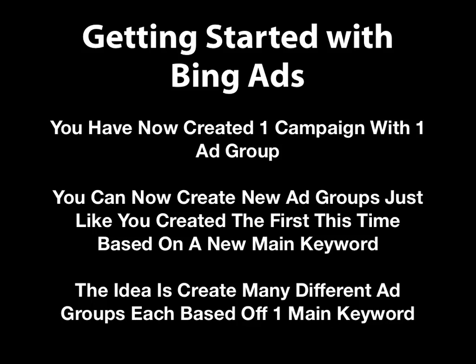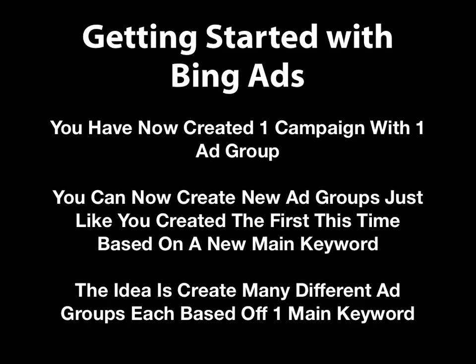So you have now created one campaign with one ad group. And what you can now do is you can create new ad groups just like you created the first, this time based on a new main keyword. Like we started our keyword grouping, our first ad group was based on woodworking plans.